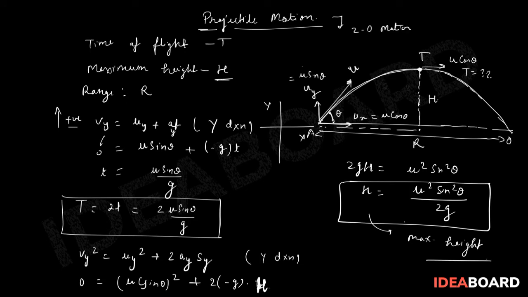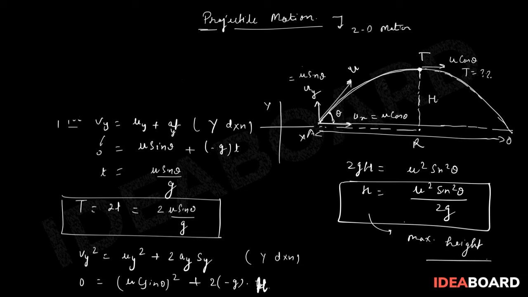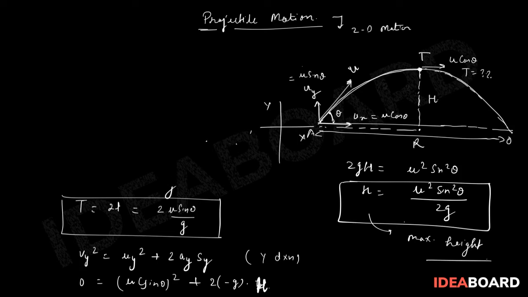Perfect. Now our task is to find simply the range. So the range of the projectile is based on the horizontal velocity this time, right? And if you see the horizontal direction, do you find any kind of acceleration? Not really. That means in the horizontal direction there is no acceleration.